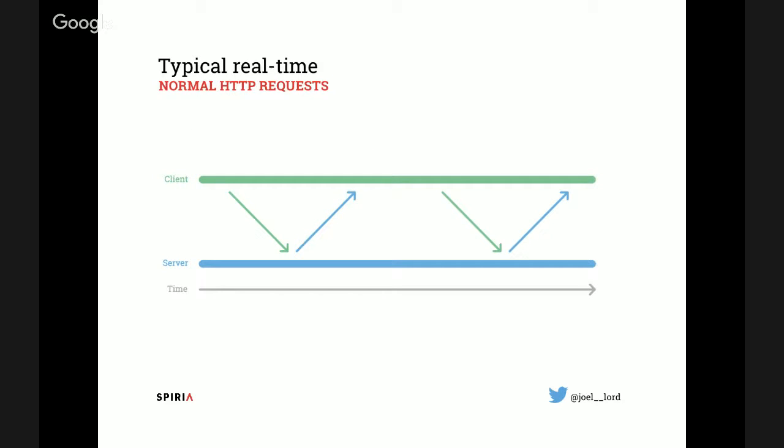So how do we typically simulate real time in our applications? Up to now, in a typical application, you would just use an HTTP request. If your user is doing something on a web page, clicks on a button, and you need to display information, your client sends information to the server, and the server sends a response back.